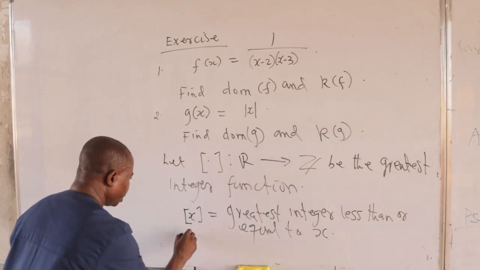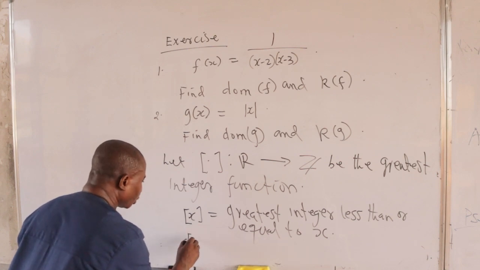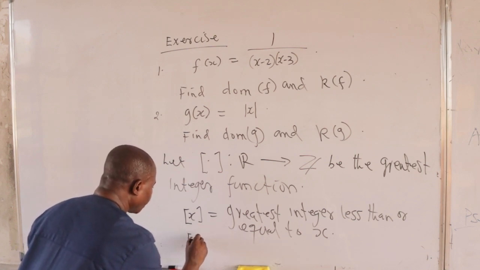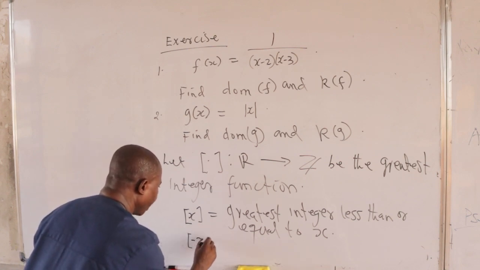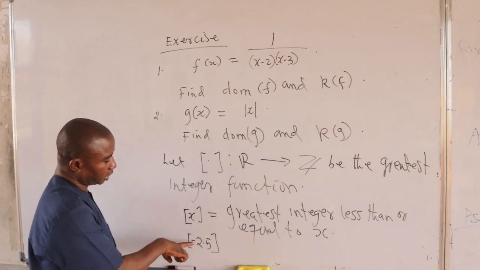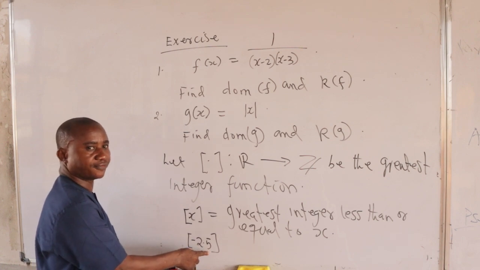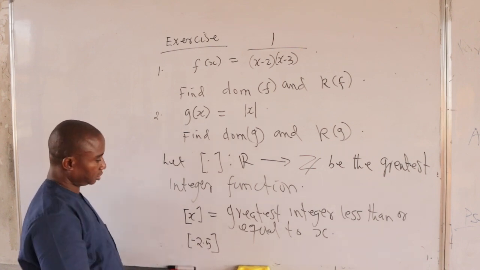For instance, if I want to take a look at the greatest integer less than or equal to minus 2.5, what this function will do is look at all integers that are less than or equal to minus 2.5 and give me the greatest.